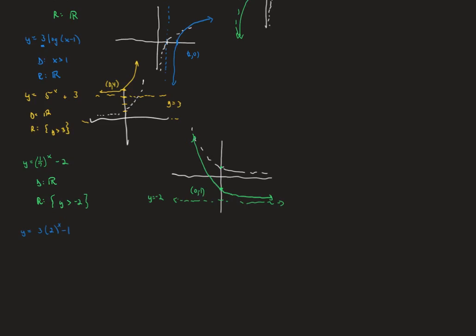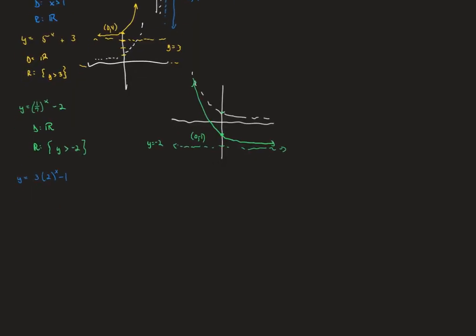Okay, let's do one more here. So we've got our xy axis, and this is 2 to the x, exponential growth. So that's our parent function. The 3 is going to multiply everything by 3, all the y values.